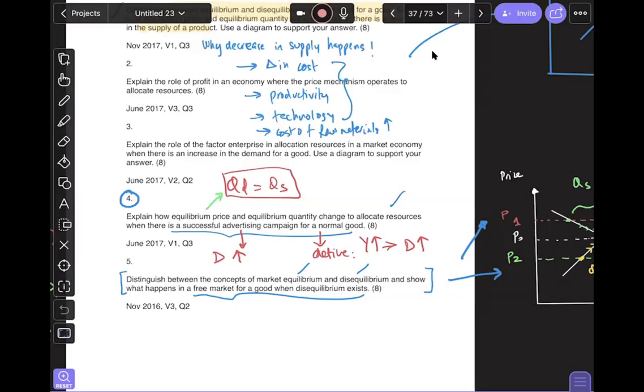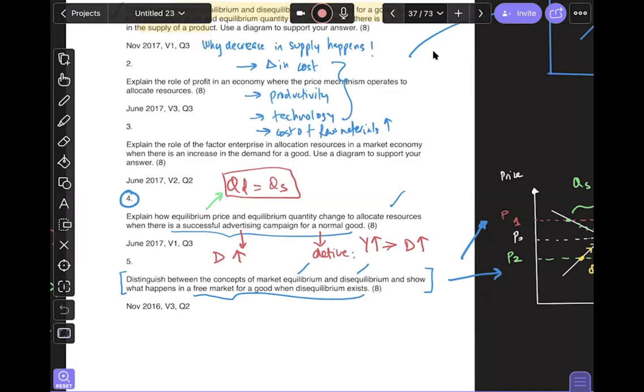Oh, rationing. Rationing is basically one of the functions of prices. We'll discuss functions of prices in a little while, but one of them is what we call rationing, which is basically allocation of goods and services. So let me explain what rationing means. For example, if a lot more people are demanding a good, this would mean that the price will go up, and the price going up will give a signal to producers that this good is gaining demand, and therefore we should produce more of this good.